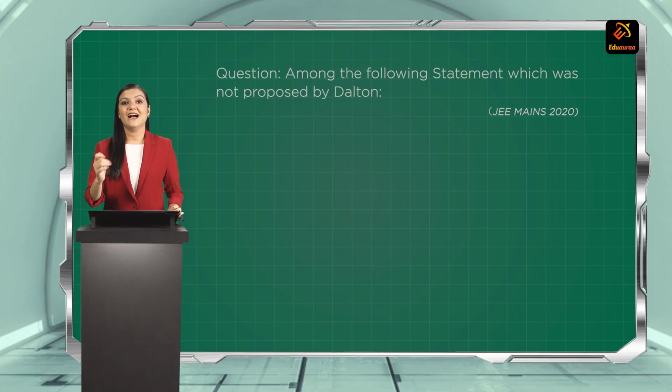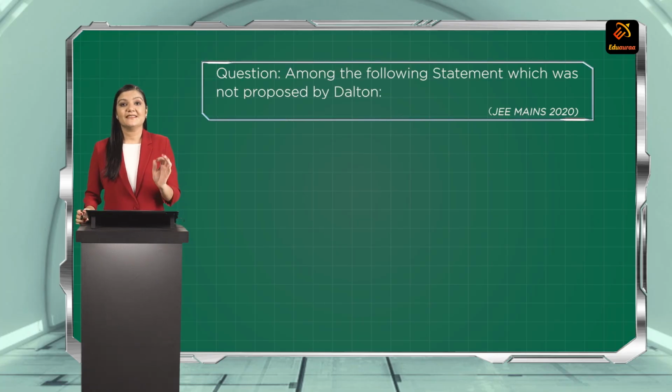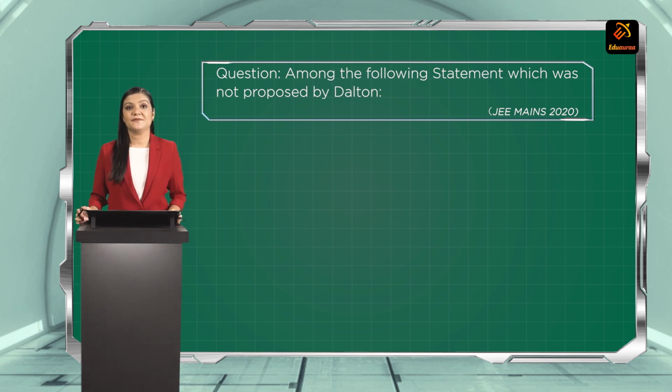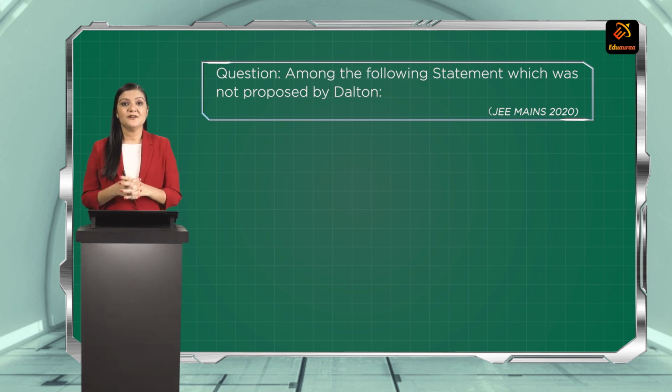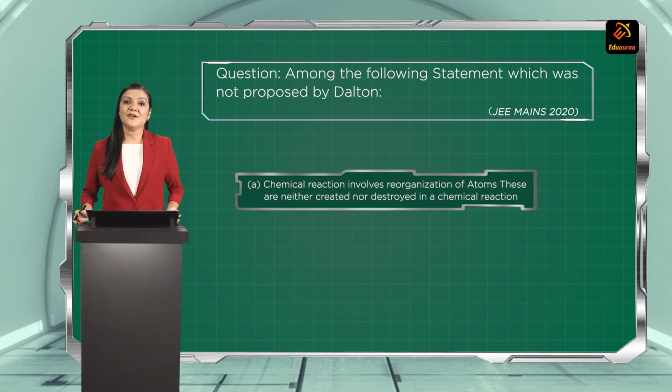Let's see the next question, and your question is: among the following statements, which was not proposed by Dalton? This question was asked in JEE Mains 2020. The options given are: option A, chemical reactions involve reorganization of atoms. These are neither created nor destroyed in a chemical reaction.